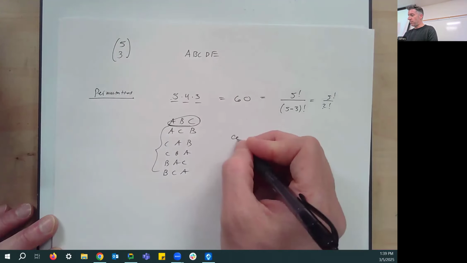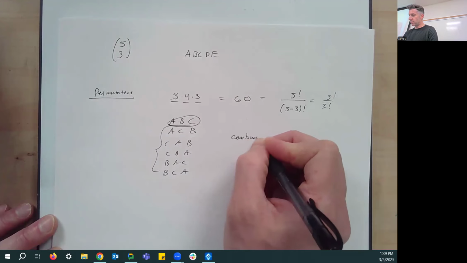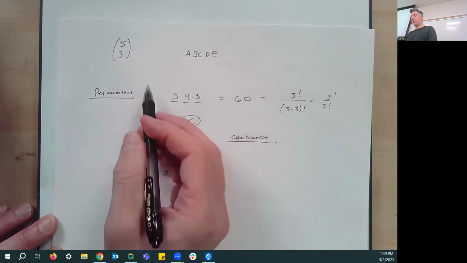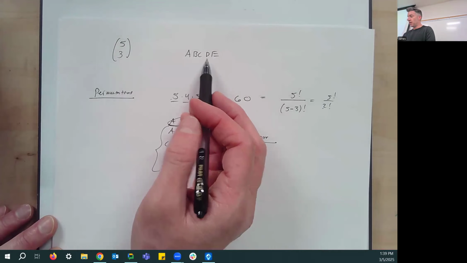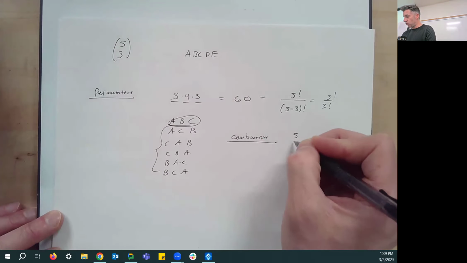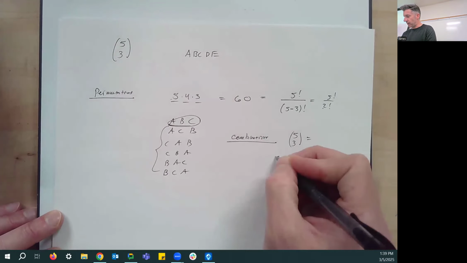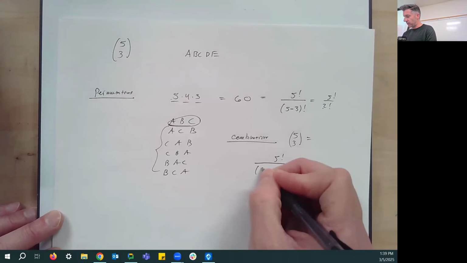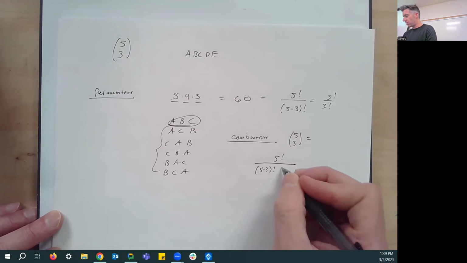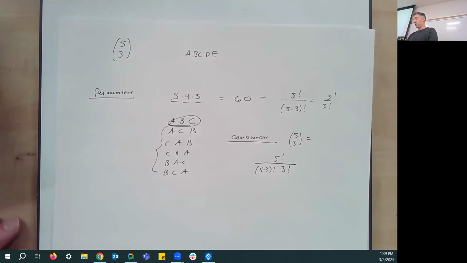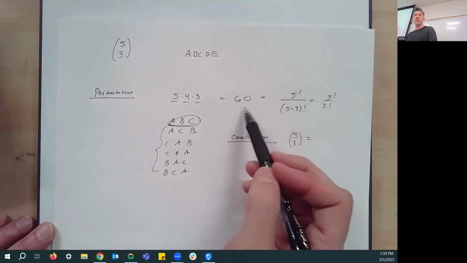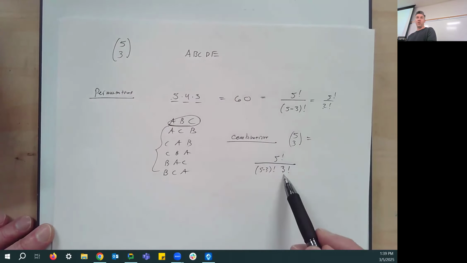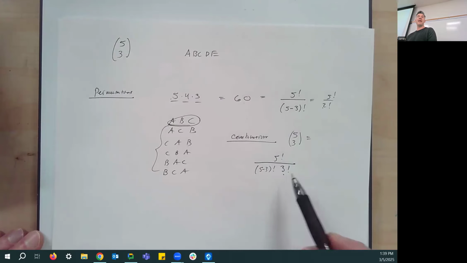The number of combinations, again, of 3 things from 5 things, is going to be 5 choose 3, which is 5 factorial divided by 5 minus 3 factorial, and also divided by 3 factorial. So you're getting the permutations, all 60 of them, divided by 3 factorial, which is 6. So we end up with only 10 combinations.